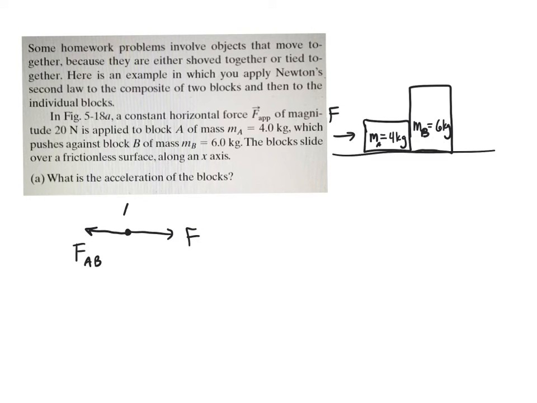So this is block A, free body diagram. There's an applied force acting to the right. As Tristan said, block B is going to push back on block A. Write this down if you're not familiar with this from last year. This means a force on A from B.